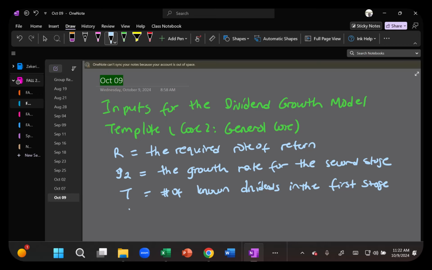And I will also need the list of known dividends for the first stage.